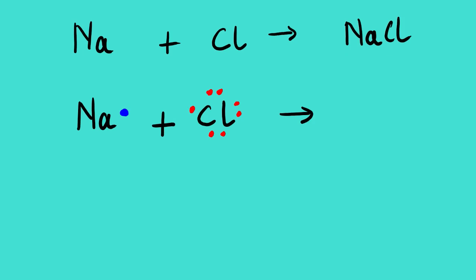Now this is what is happening. Metals in most cases will donate or give away their electrons. A metal will give away its electrons to the non-metal. Since sodium is a metal and chlorine is a non-metal, this is what will happen. This will donate or give away its electron such that we have something like this.